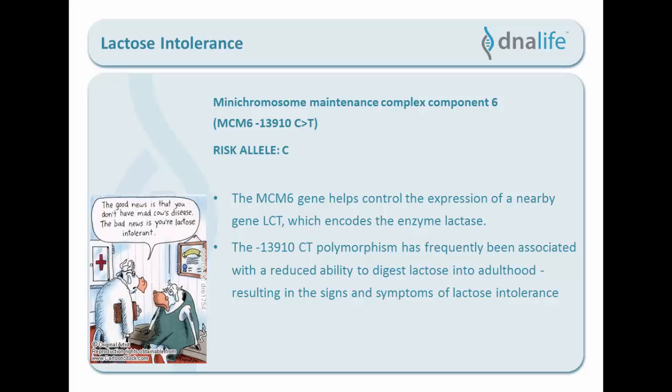So where there is the C allele present, which is the risk allele, the CC genotype specifically, these individuals have been found to have decreased lactase production and thus decreased ability to digest lactose, specifically in adulthood. And this gene was really found to be the gene that we look at for adult lactose intolerance in the Caucasian population.